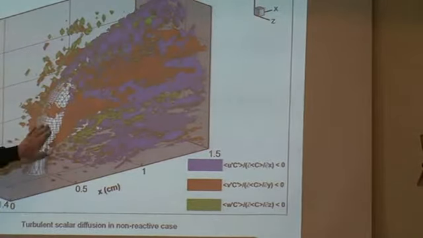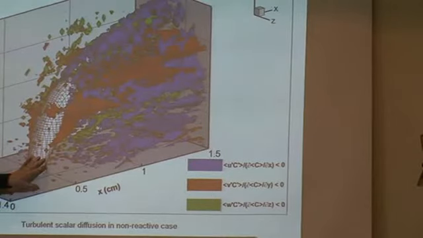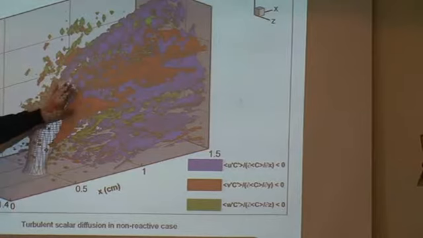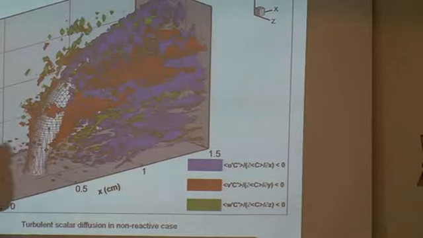The white surface that we see here is the isosurface of 10% mass fraction of hydrogen. So it's a marker of the average position of the jet. And you see that these regions with counter gradient diffusion are just around this.